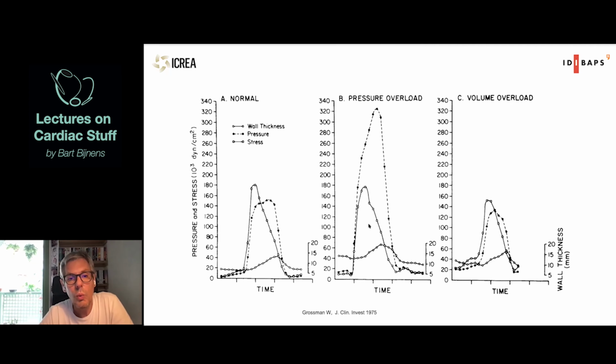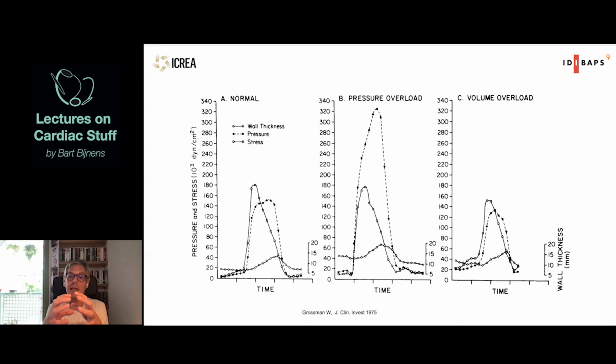Now, one other thing which is important is when we look at the wall stress and at when the highest wall stress occurs within the cardiac cycle, it is not at the end of systole. During the ejection, your cavity becomes smaller, and the smaller your cavity, the smaller your radius of curvature.